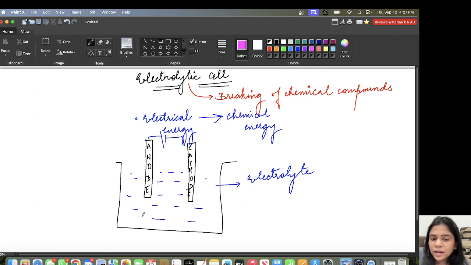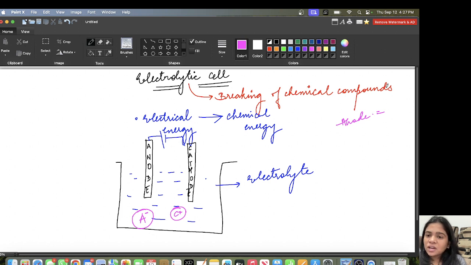And in the electrolyte, you have anions also. Anions are negatively charged, and cations are positively charged. Now, when we supply energy, anode is opposite of that in the electrochemical cell.